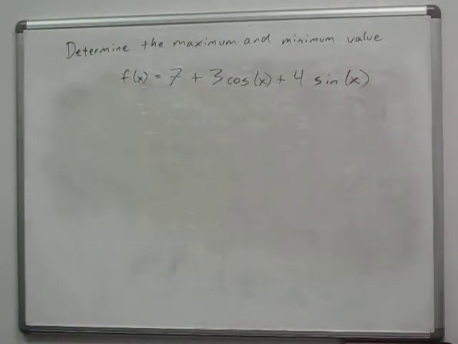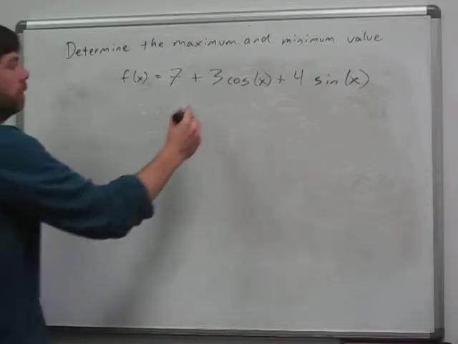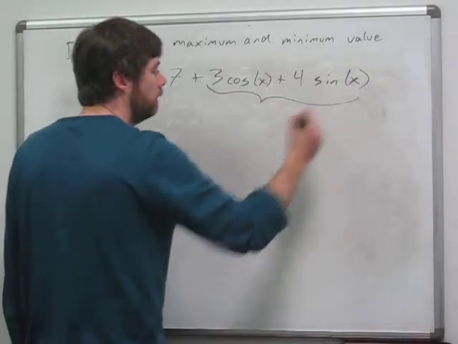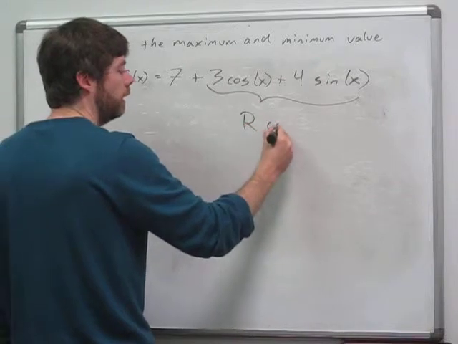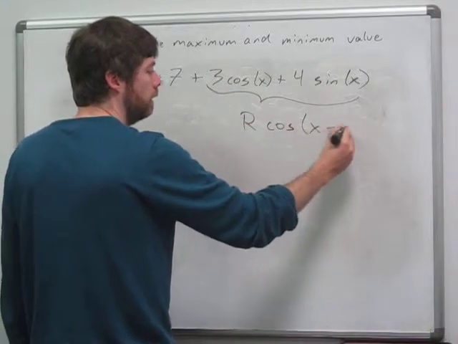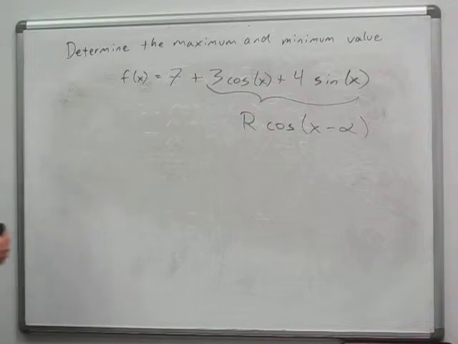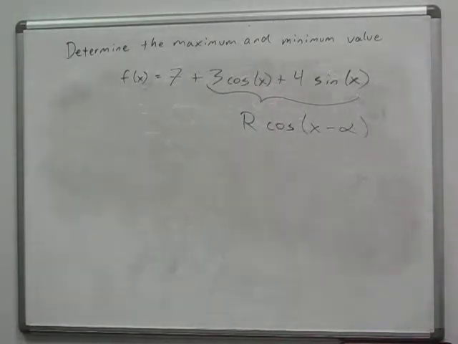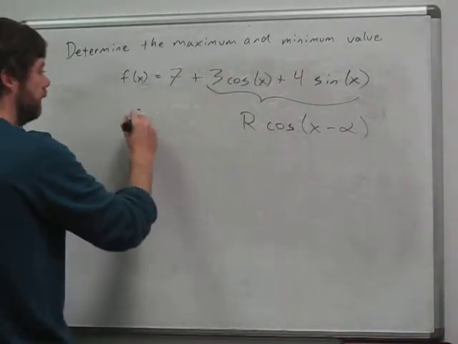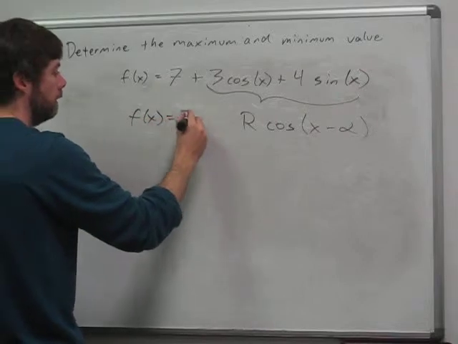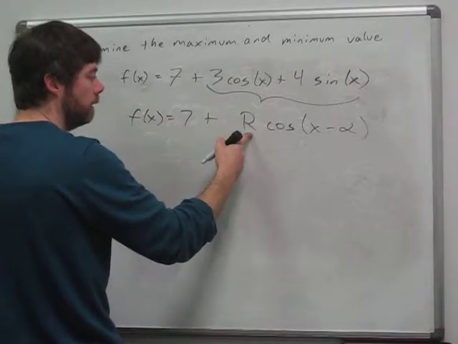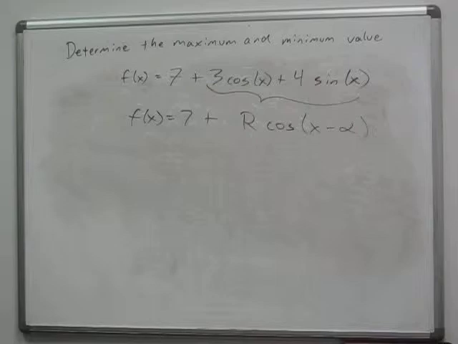So here we no longer have a single trig function involved, but from our knowledge of the harmonic form, we know that this expression here can be written as r times the cosine of x minus some angle alpha. Right? So this function here can be written as 7 plus some amplitude times a cosine function.